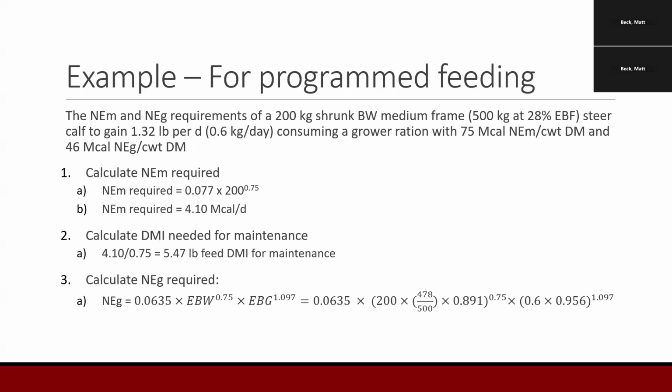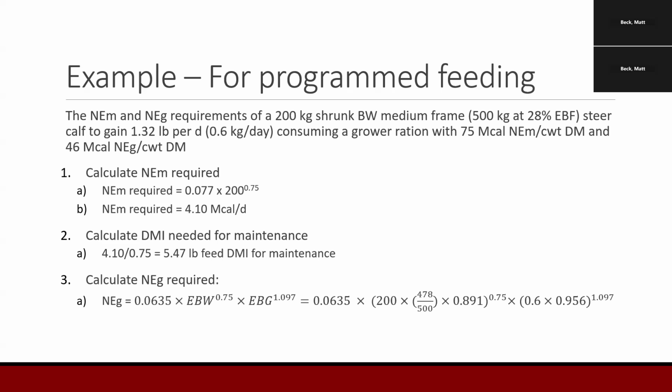Okay, now we need to calculate how much NEG is required. Okay, so this big long equation, 0.0635 times empty body weight to the 3/4 power times empty body gain to the 1.097. Okay, so 0.0635 times 200 times 478 divided by 500. So here we're calculating equivalent shrunk body weight. This is converting shrunk body weight to empty body weight.